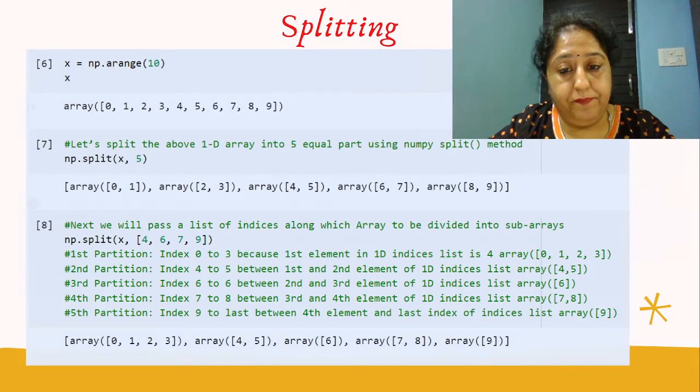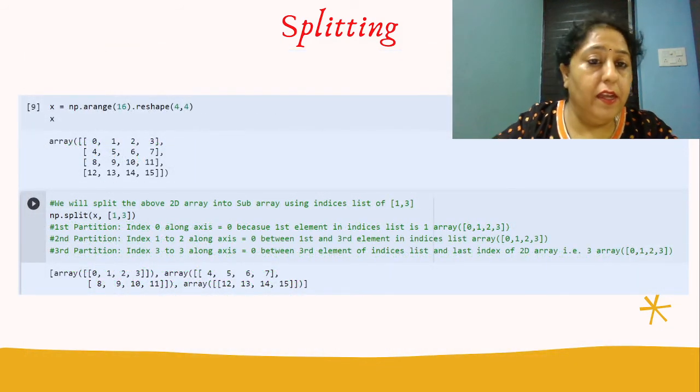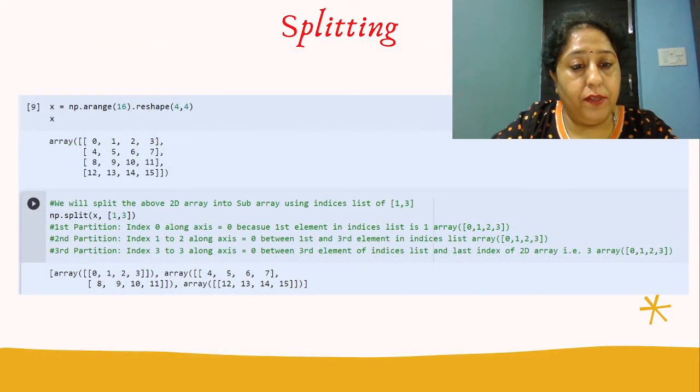Moving further, let us see one more example of splitting. Here, we are trying to create an array with the arange function with the value 16. So that means the array X will have values from 0 to 15.